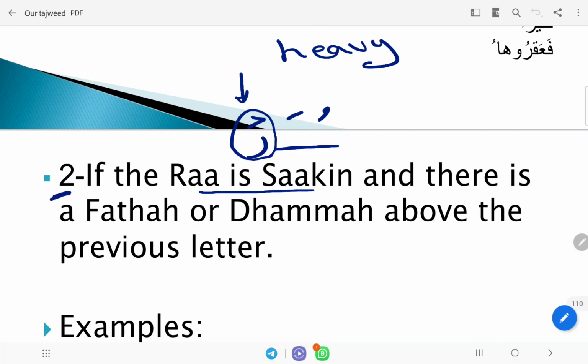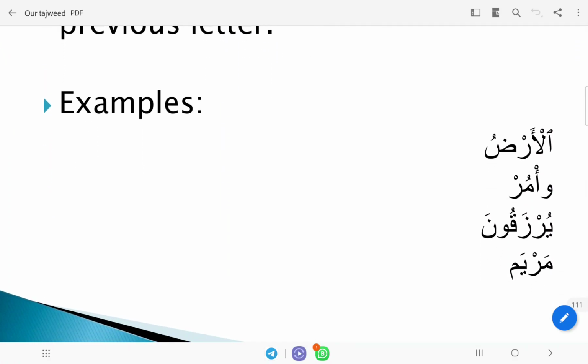Let's take some examples. Here the word al-ard. Here the ra is sakin and it is preceded by hamza with fatha, and so the ra here is heavy. The next example, wa'mur. The ra here is carrying sukun and the preceding letter is mim.